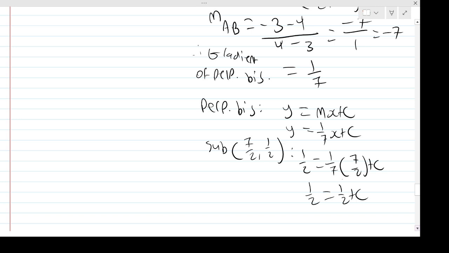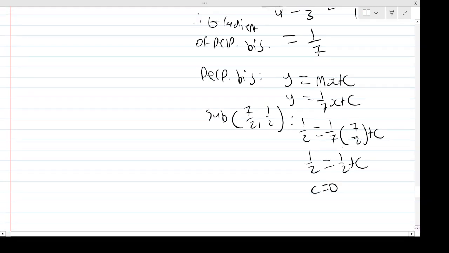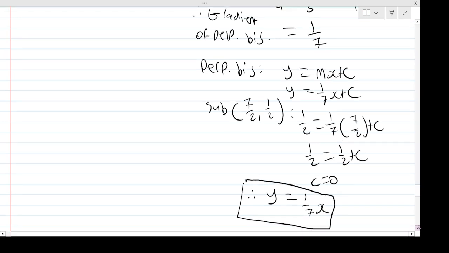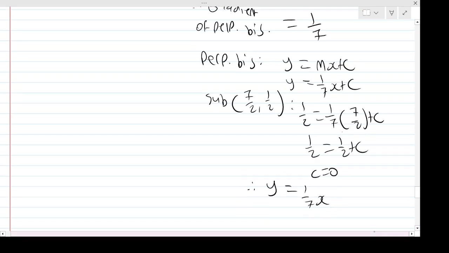Yep, so therefore we can say c is 0, if we just subtract a half. Therefore, our equation is y = 1/7 x plus 0, so it's just 1/7 x. There we are. Cool. Okay, so I found the equation of the bisector. That should surely help us.